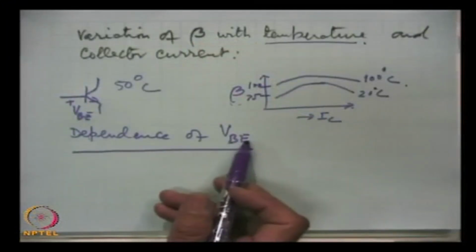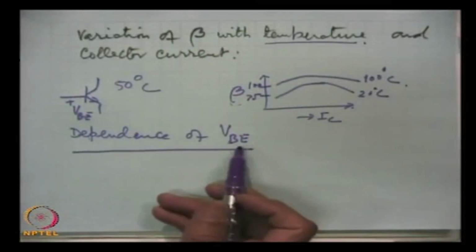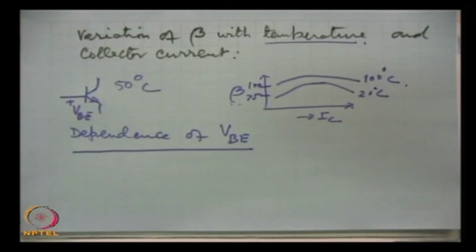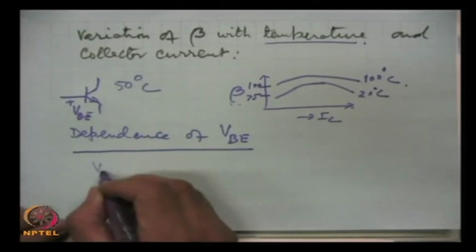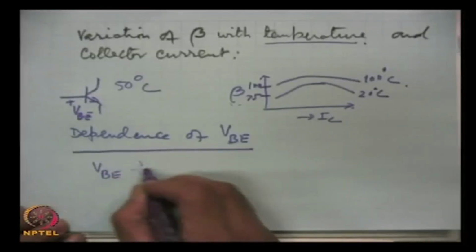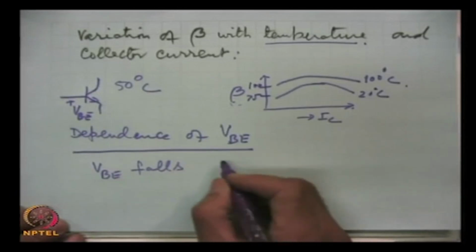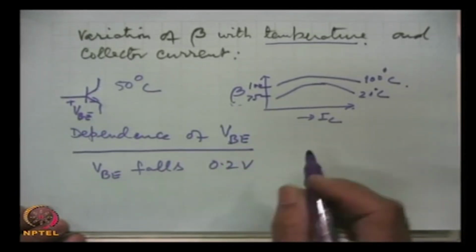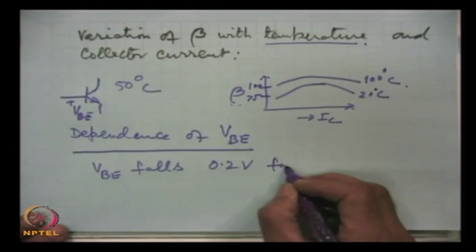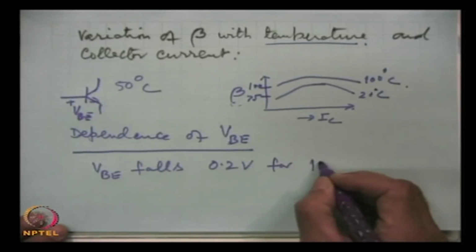So, with the rise of temperature VBE also falls, and it has been observed experimentally that roughly VBE falls at the rate of 0.2 volts for every 10 degrees rise.